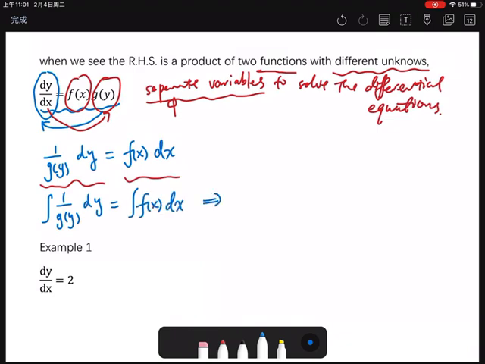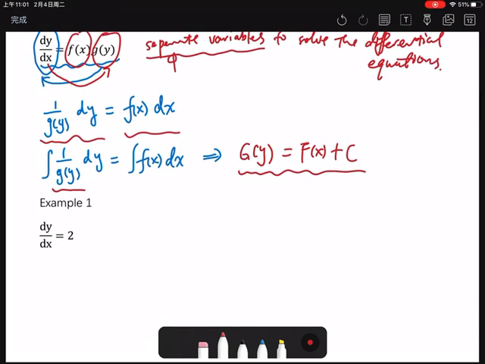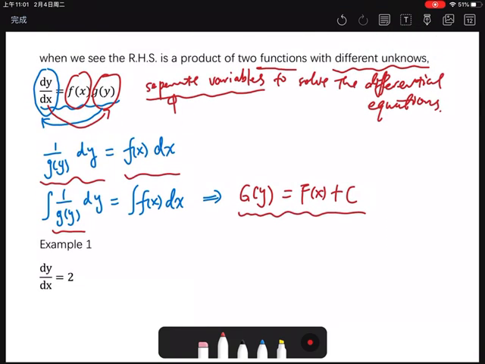And suppose the primitive function of 1 over gy is capital G of y, and the right hand side, suppose the primitive function is capital F of x, and then plus constant c. So we can get the solution of the differential equation. Okay, so this method is called separating variables.